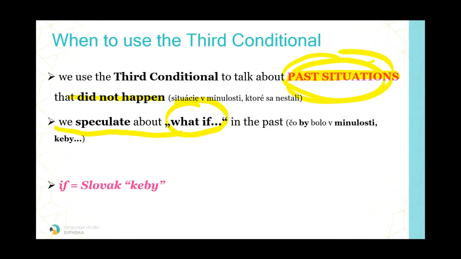Right? So yes, they do have something in common because they are all conditionals, but the first and second conditionals are about present or future, and the third conditional is different from them. That's why it's their cousin. It's about past situations. The translation of if in the third conditional is keby in Slovak.